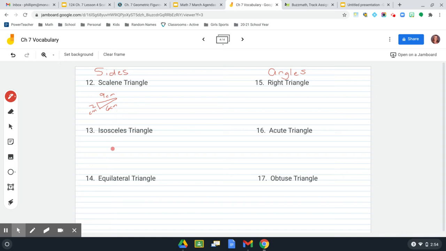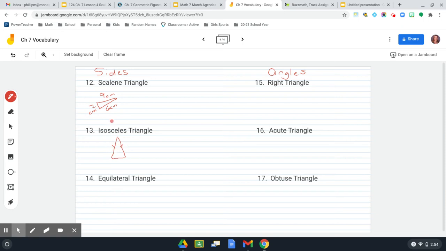Isosceles. The definition for an isosceles triangle is at least 2 congruent equal sides, at least 2 congruent equal angles. So for an isosceles triangle, I'm going to draw one that's tall and skinny, and I'm going to mark these 2 sides with some tick marks. That indicates that these 2 sides are considered exactly the same.